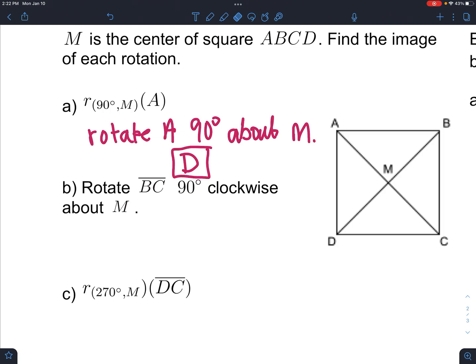right? And what if we went ahead and took BC as a line segment and rotated it clockwise around M? So that would be like, this is M, so it would be like doing something like this. That would be clockwise, right? So it looks like in BC, it became CD.